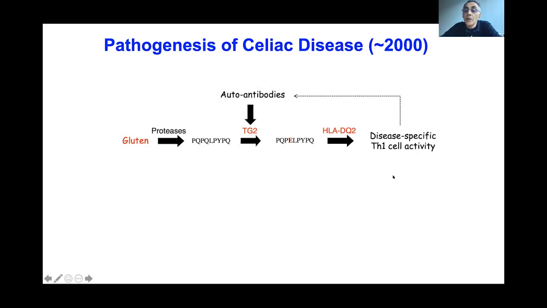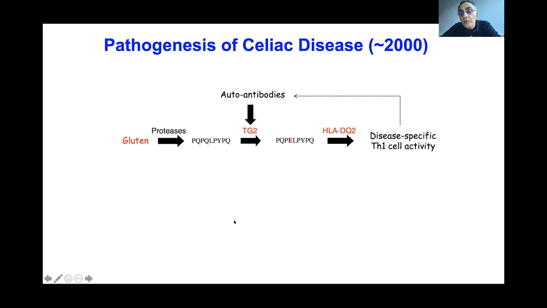And it was pretty well known by then that this is a T cell driven disease in the sense that the gut of a patient has gamma interferon producing inflammatory T cells that are activated when a patient consumes gluten, giving rise to all of the sequelae associated with the disease.